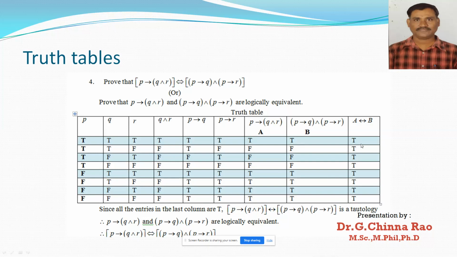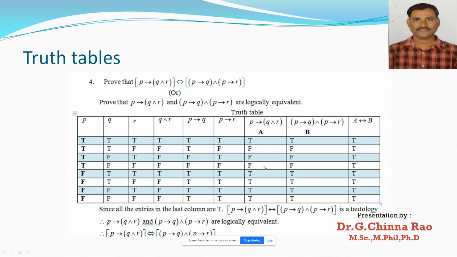A biconditional B. And we also observe that A and B have identical truth values. So it is equivalent. Or you have to find A biconditional B. The biconditional definition is: when P and Q have identical truth values, then it is true. True, true: true. False, false: true.